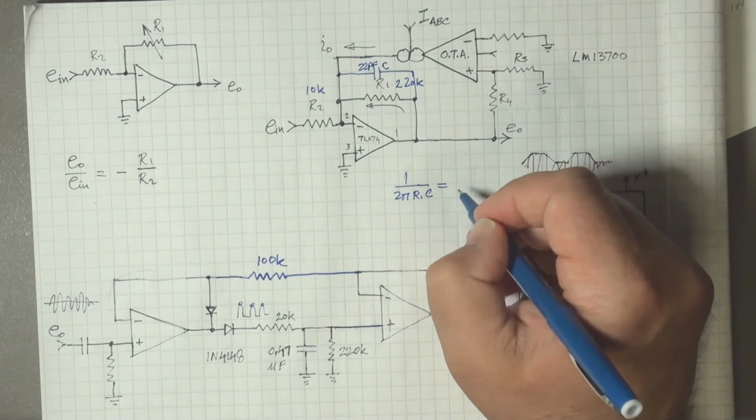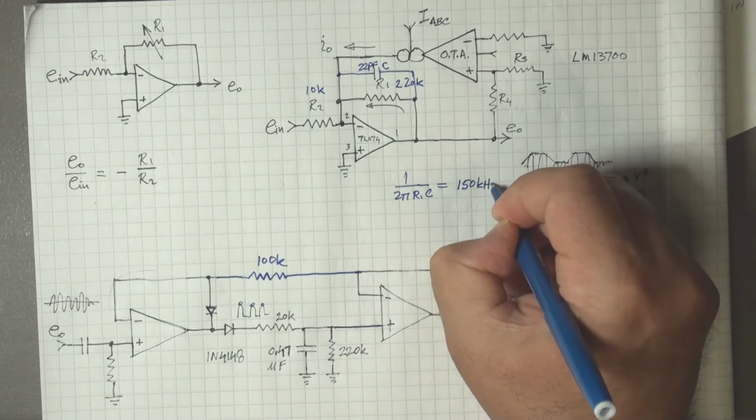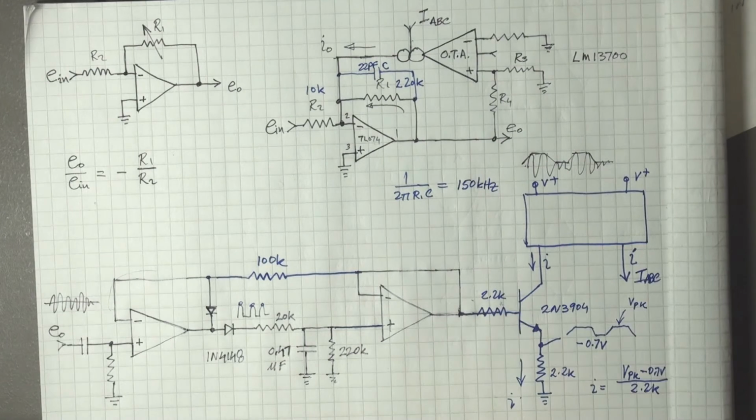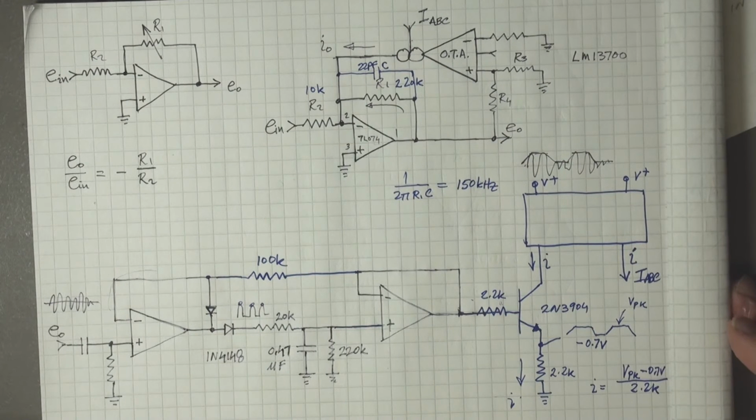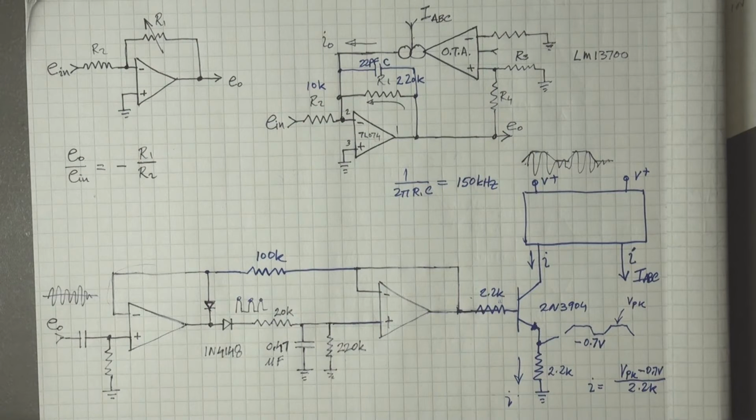I don't know, I want it to be around 150 kilohertz, maybe even 200. So this is kind of the functional diagram in a nutshell, and let's have a look and see how this circuit actually performs.